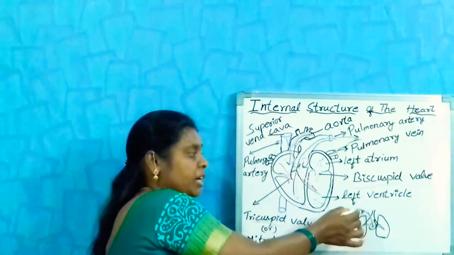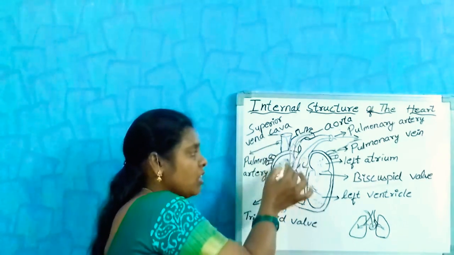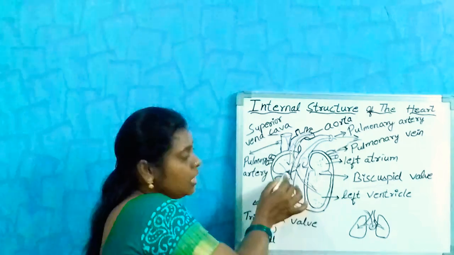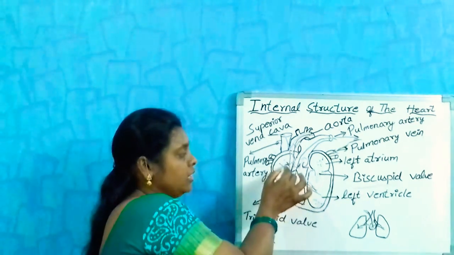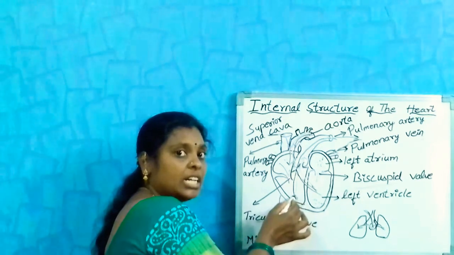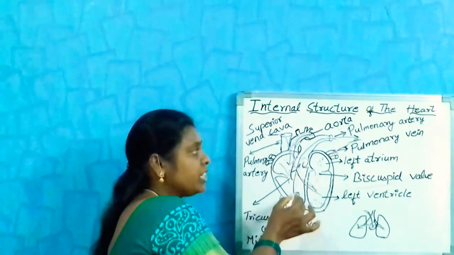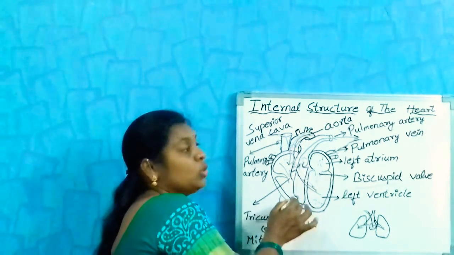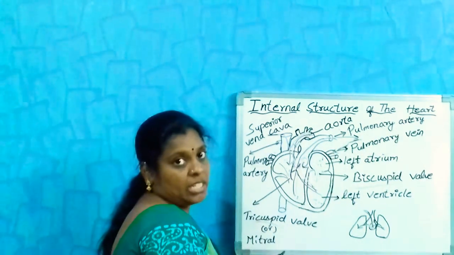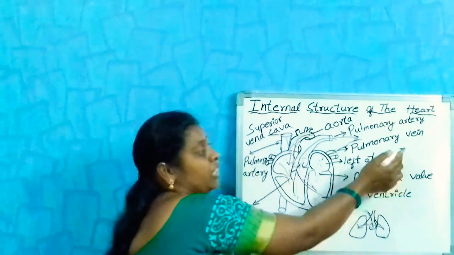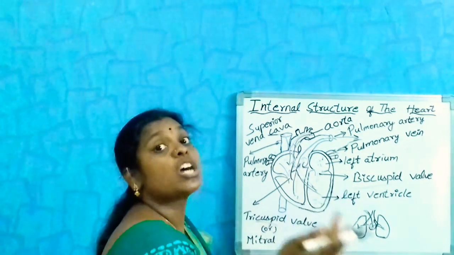See, first the deoxygenated blood enters into the right auricle, and next into the ventricle. From the right ventricle, it reaches the lungs through the pulmonary artery, and through the pulmonary vein, the oxygenated blood returns.